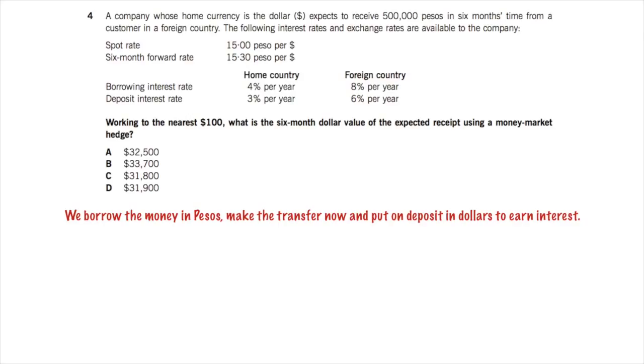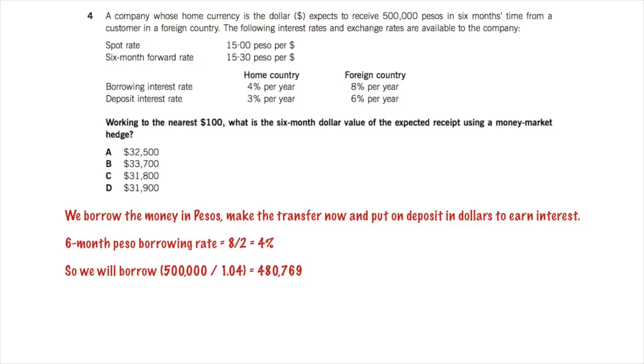So working through that process, the 6-month peso borrowing rate, because we're going to receive it in 6 months' time, is 4%. So it's 8% for the year, 4% for 6 months. So that means we're going to borrow 500,000 discounted at the 4%, because remember, we borrow it over there, we'll incur interest on it, and that will take us up to the 500,000.